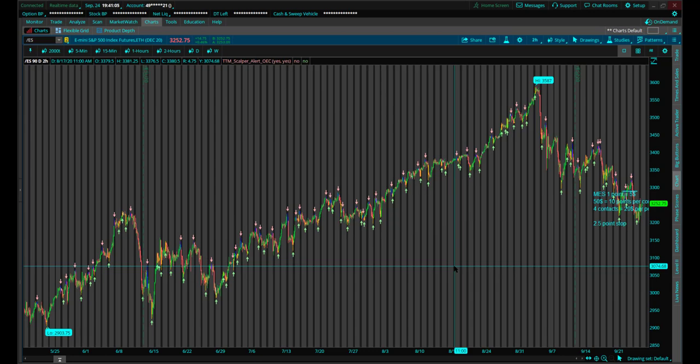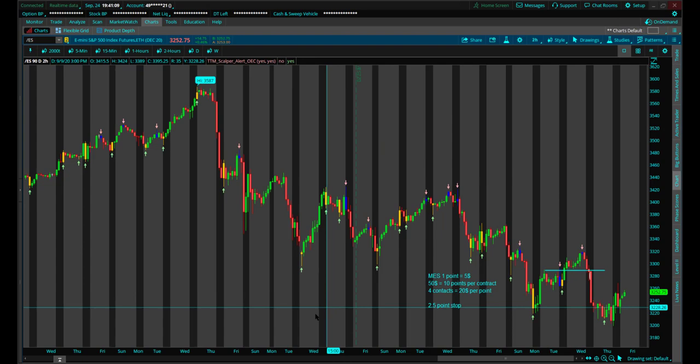It is not an entry signal. We're not using this to get into or out of the market. It has absolutely nothing to do with you getting in or out of the market. It is only there to help you with the identification of your bias. Should I be bullish? Should I be bearish?